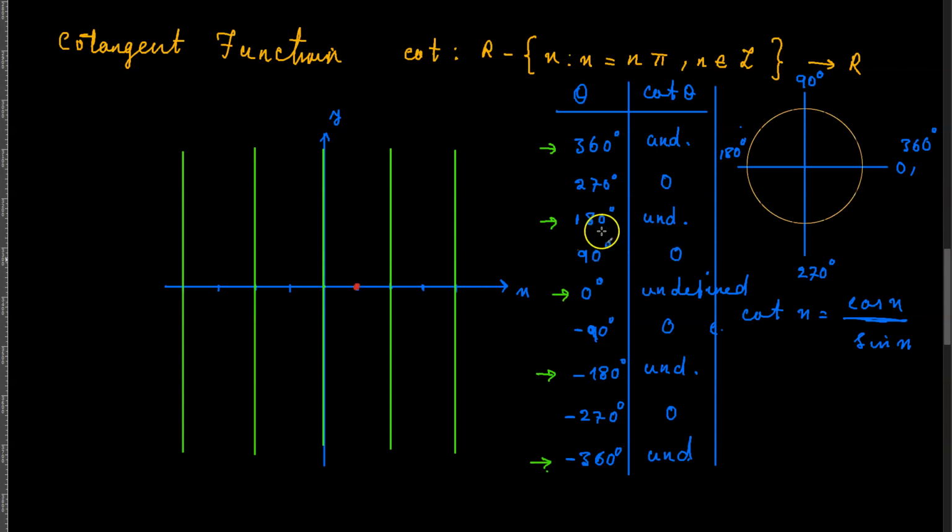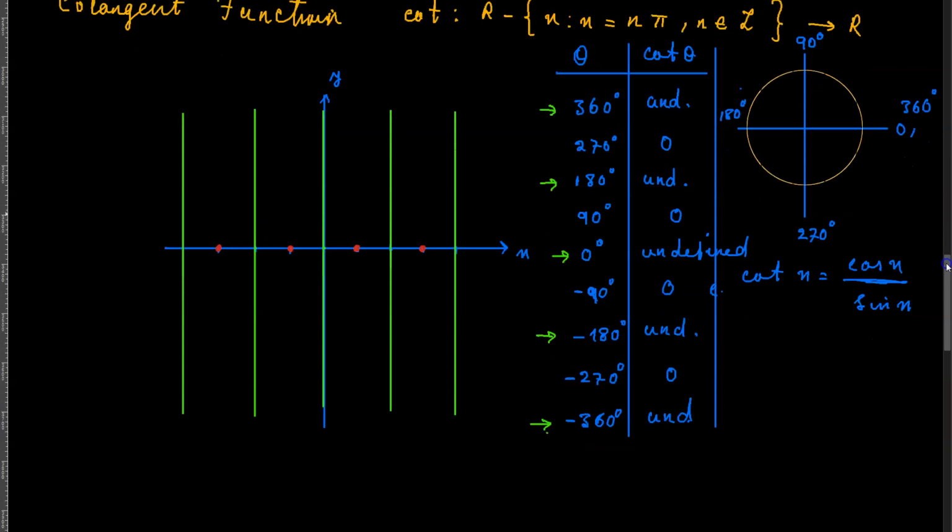At x equal to 180, 270, your output is 0. And at this output, you are undefined. At negative 90 degrees, the output goes to 0. At -270 degrees, the output goes to 0.